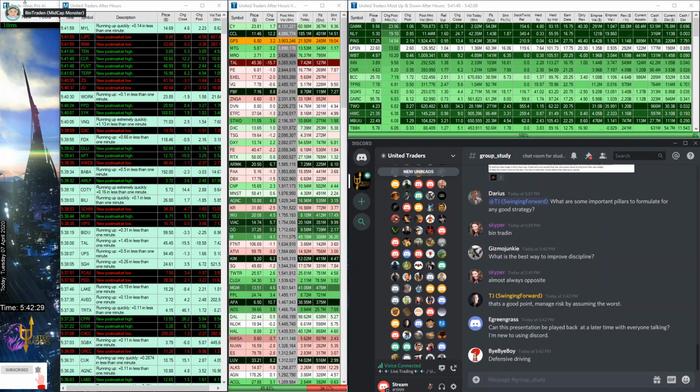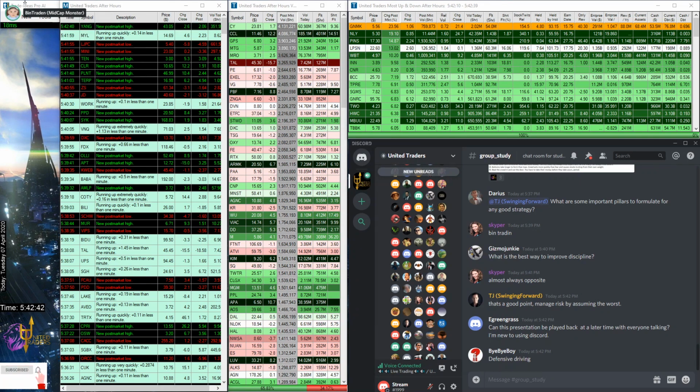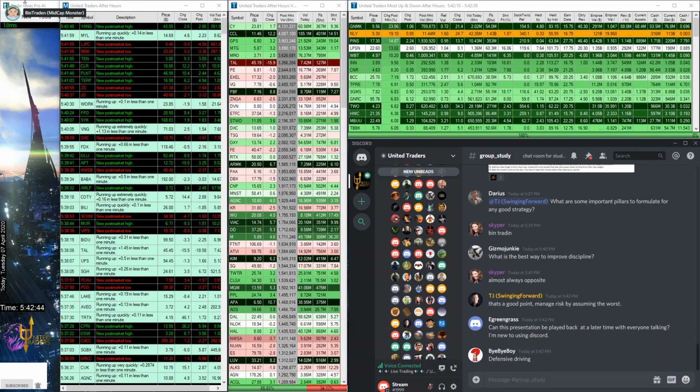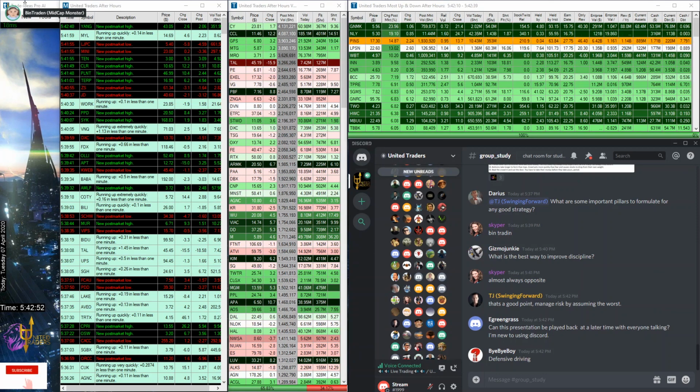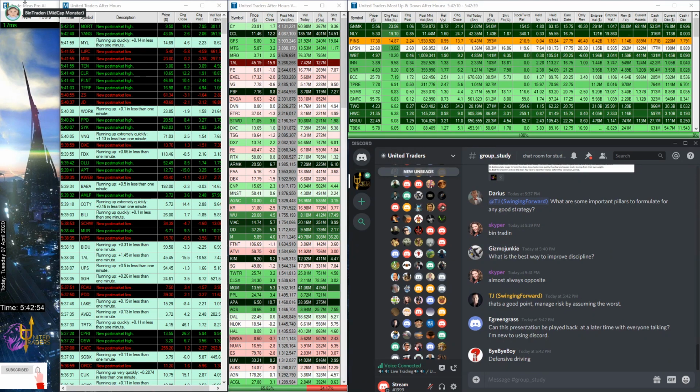It's so easy to have a bias. Zuckerberg's going to go testify, his stock's going to tank. Facebook's dead, whatever. Then the guy opens his mouth and boom, stock just starts rocketing. It's just all planned. So you just can't have biases. Biases will kill you. Play the price action.